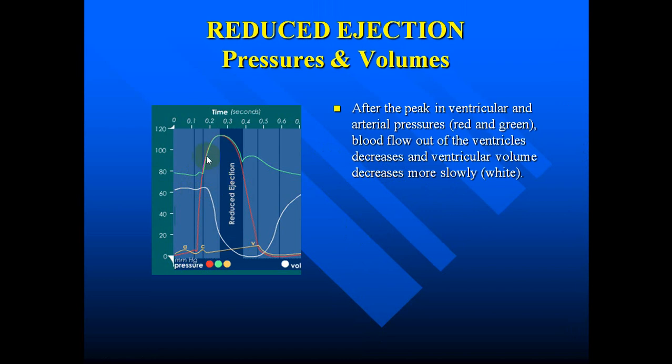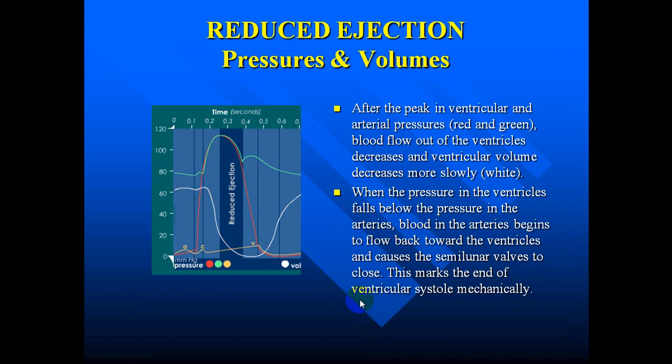Blood outflow from the ventricle decreases, and ventricular volume decreases more slowly. So the first ejection is rapid, while the next phase slowly reduces the volume. When the pressure in the ventricle falls below the pressure in the arteries, blood in the arteries begins to flow back toward the ventricle, causing the semilunar valve to close. This marks the end of ventricular systole mechanically.